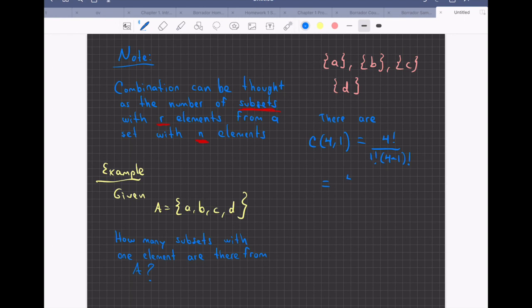And this is equal to 4 factorial divided by 3 factorial. And this is 4 times 3 times 2 times 1 divided by 3 times 2 times 1. Notice how I can cancel these. So what is left? Only 4. And of course, this is the answer, right? 1, 2, 3, 4. 4.